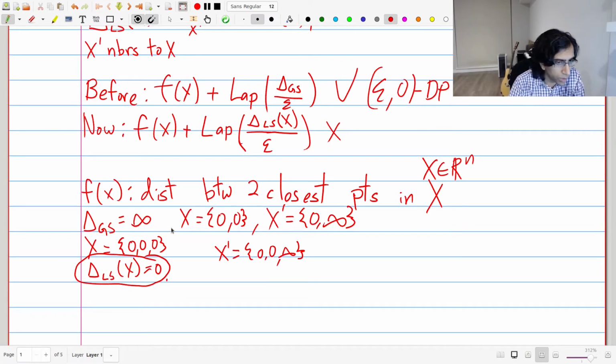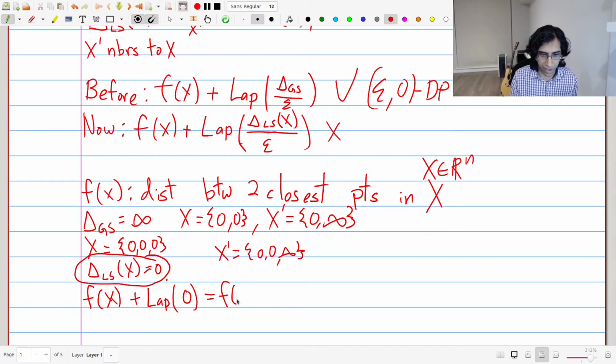So what does this mean? If we try this type of algorithm, then f of x plus Laplace of, say, 0 noise is just equal to f of x.